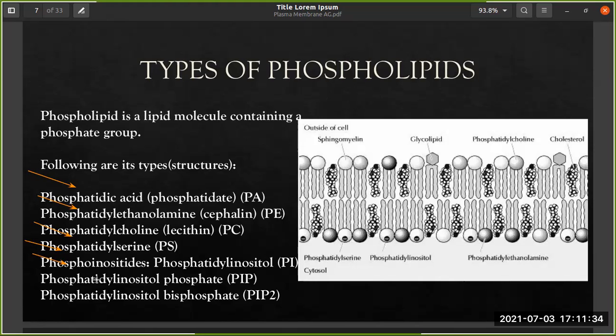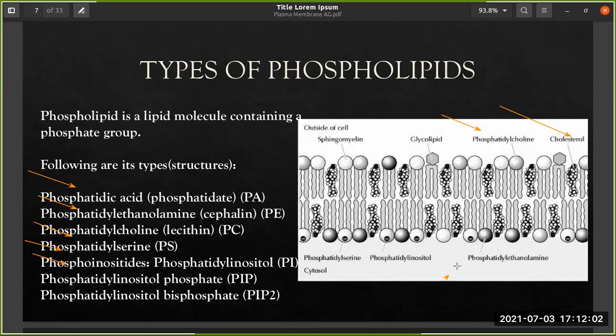This is the lipid bilayer, and you can see that you have other things like sphingomyelin, another lipid which is present. You have other glycolipids present. You have phosphatidyl choline. In between, you have molecules like cholesterol attached.